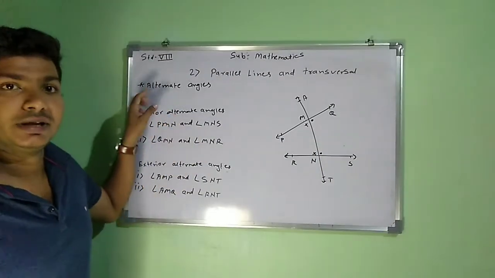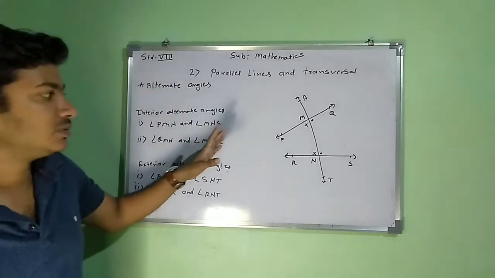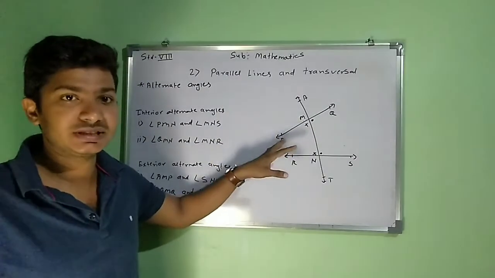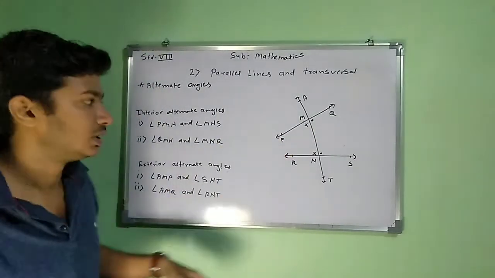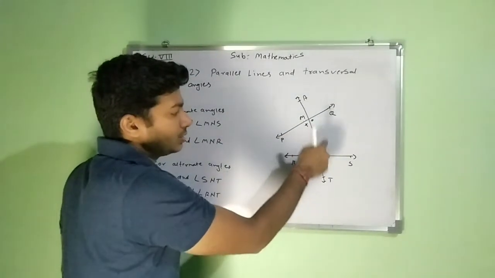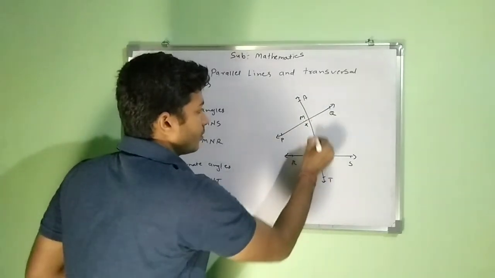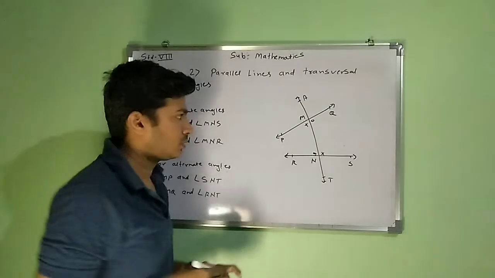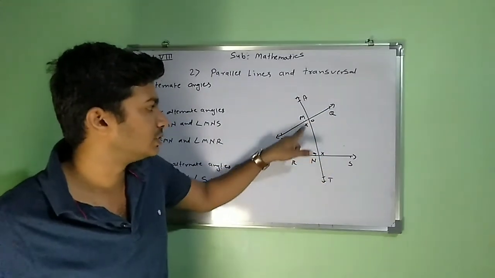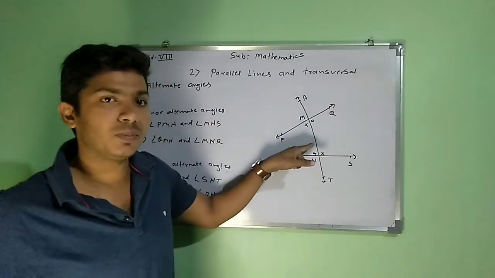So our next type of angle is alternate angles. Alternate angle means angles which are on the opposite side, and their second arm is showing opposite direction. Now if you consider angle PMN, this angle, that angle PMN and angle MNS, these two angles are on the opposite side of the transversal and showing opposite direction.